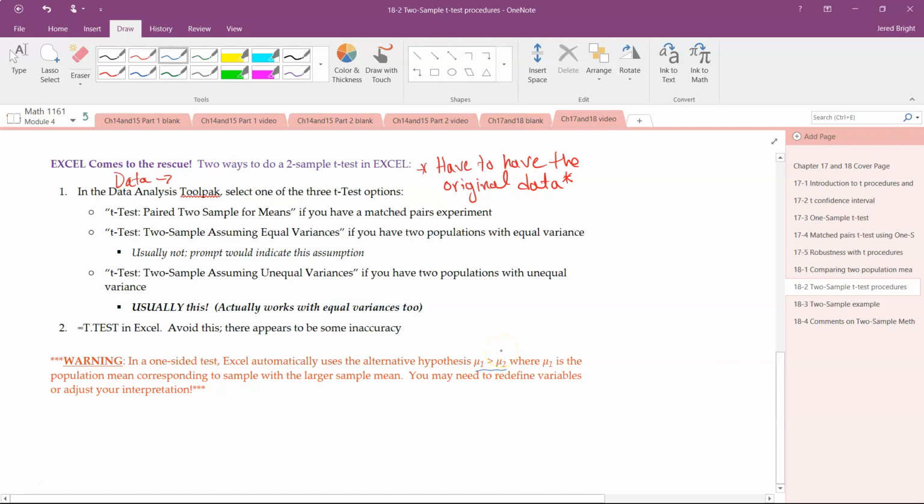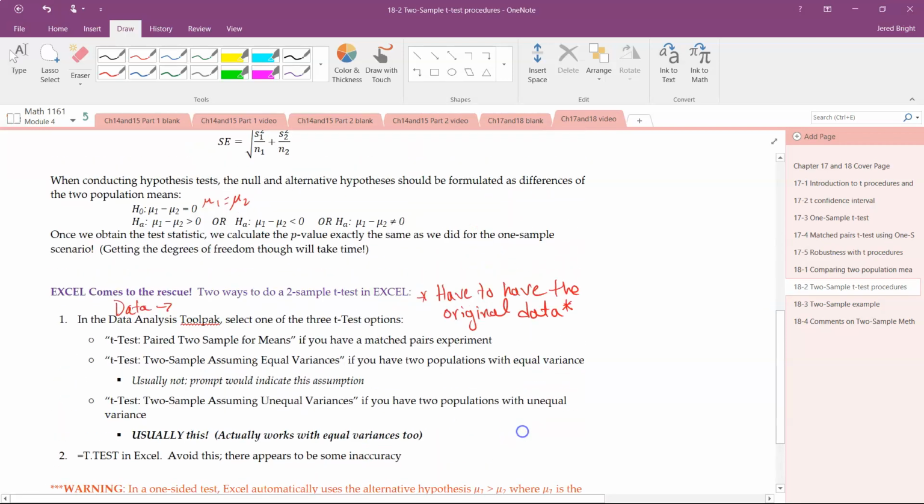So even if you have population 1 and population 2, it could actually assign mu1 to population 2 if that sample mean is larger. Okay, so just be looking at the output and interpreting it correctly, and we'll see that in the next example.